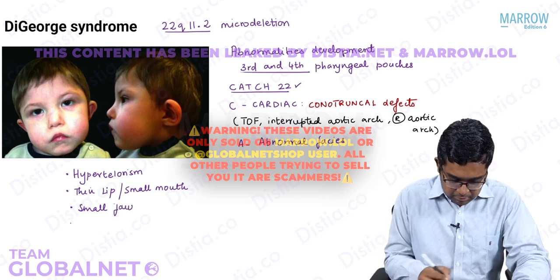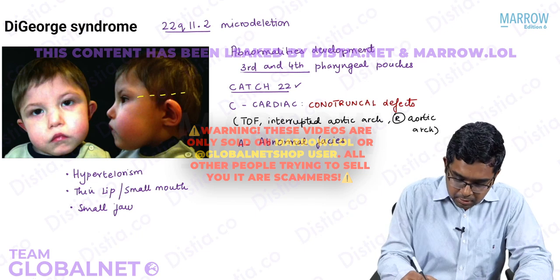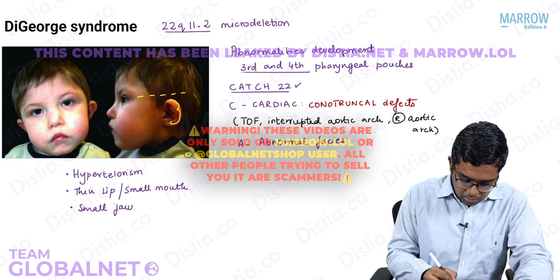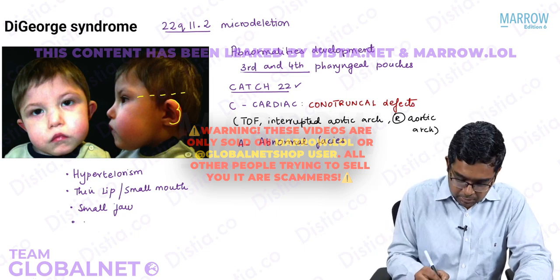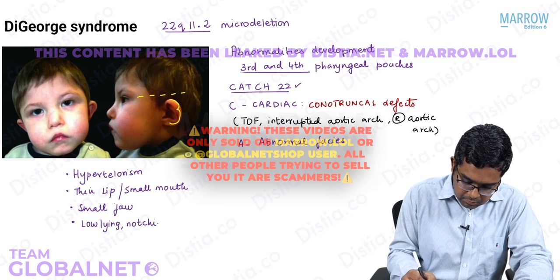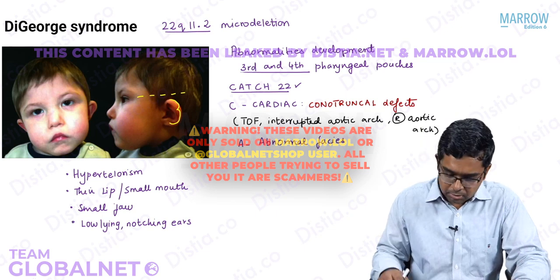And the next point is, look at the ears of these children. It is again low-lying ears, and most of the time these children have a notch in the ears like this. So the next important characteristic feature in the facial appearance is low-lying as well as notching of the ears. All these contribute to the abnormal facial appearance noted in a child with DiGeorge syndrome.